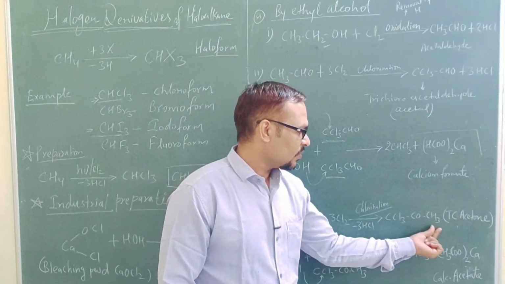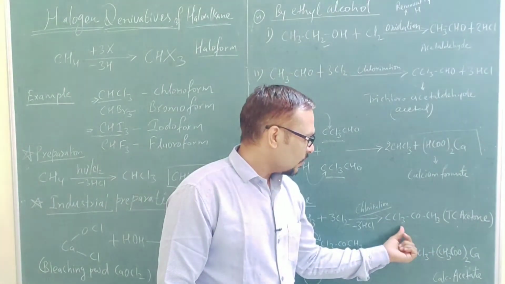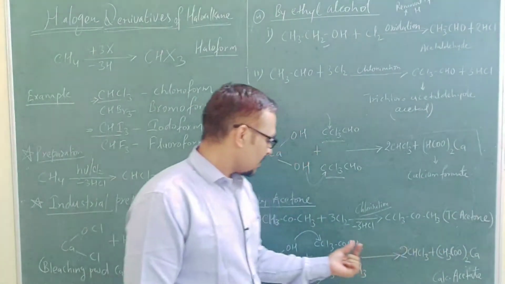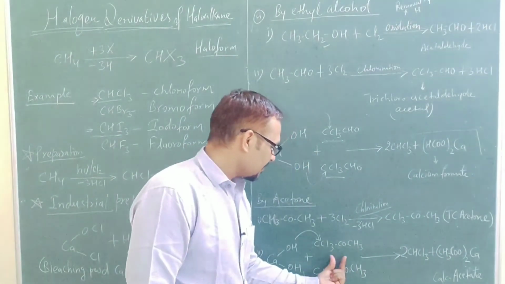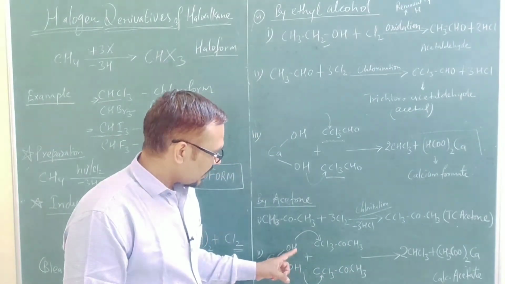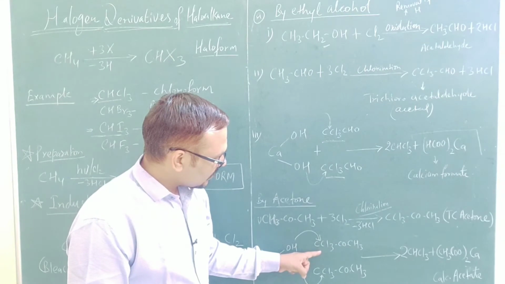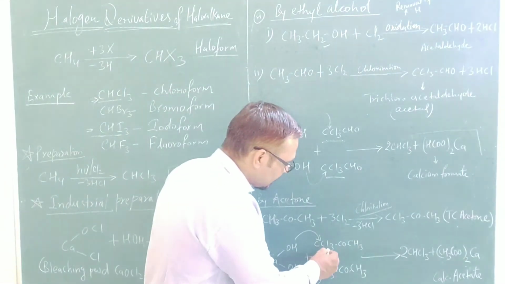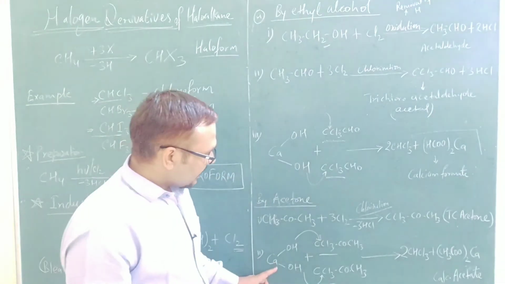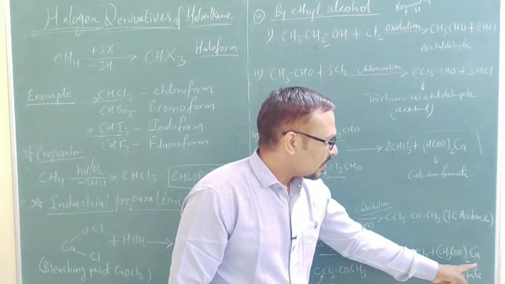CCl3COCH3 will be formed, and this is trichloroacetone. 2 molecules of trichloroacetone we will take, along with the base. Hydrogen from the base is attached over here, forming CHCl3, 2 molecules of CHCl3, and calcium acetate will also be formed.